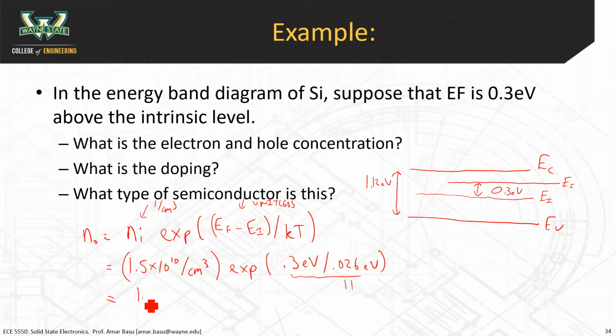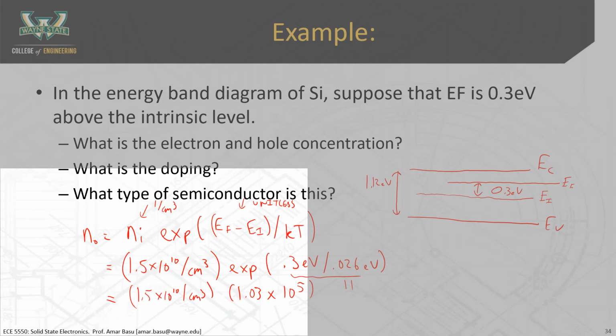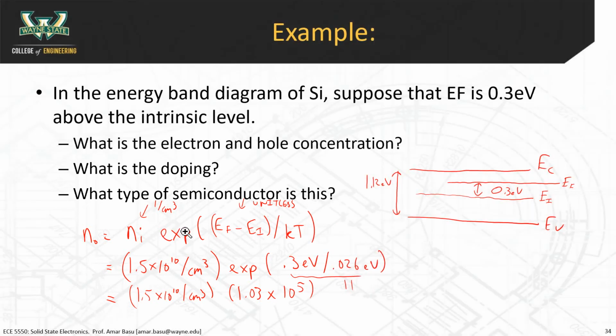So this is 1.5 times 10 to the 10 per centimeter cubed multiplied by 1.03 times 10 to the 5th. And so our electron concentration is approximately 1.5 times 10 to the 15th per centimeter cubed. So there's our electron concentration.